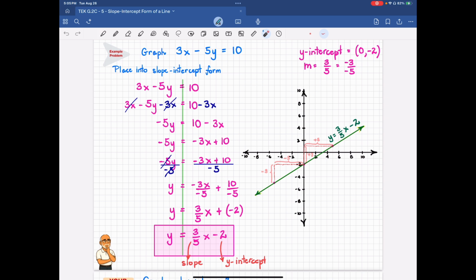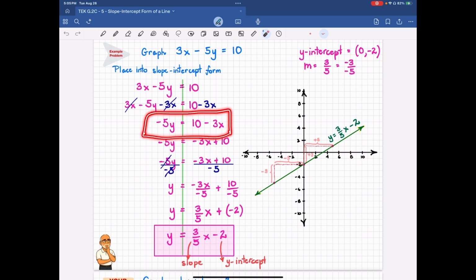My next step is just to simplify. The 3x's cross out, and what remains is my negative 5y, and over here I have 10 minus 3x. So if I just write down what's remaining from that second step, I get my third step.